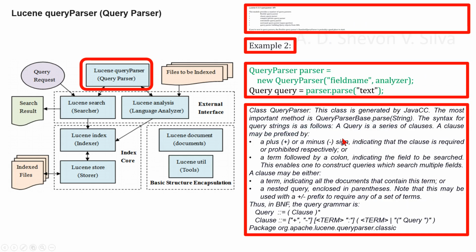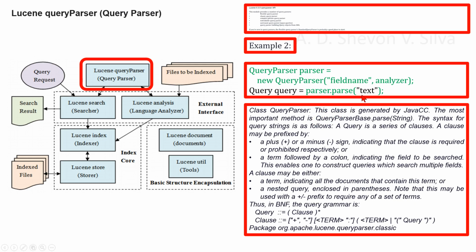As an example too, we can consider this code segment. Here is the class QueryParser. This class is generated by JavaCC. The most important method is QueryParserBase.parse(String). The syntax for query strings is as follows.